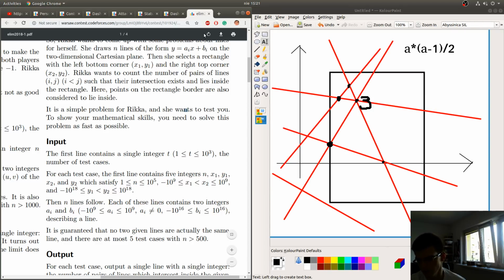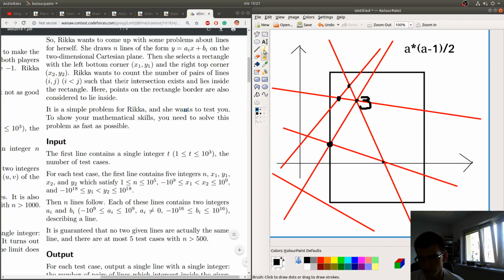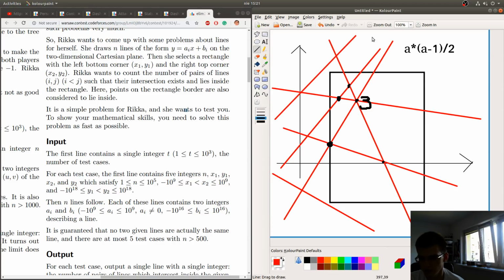What else can we do? When we are given points or lines, we can find a convex hull, something like that, but it doesn't make sense here. For example, if there are some lines outside that cover everything, they create a convex hull.